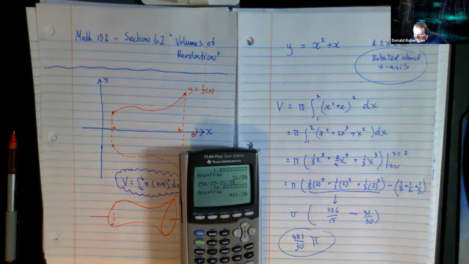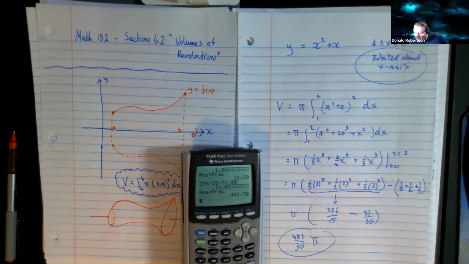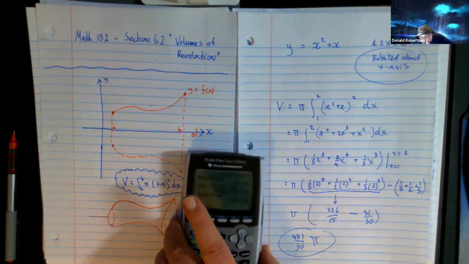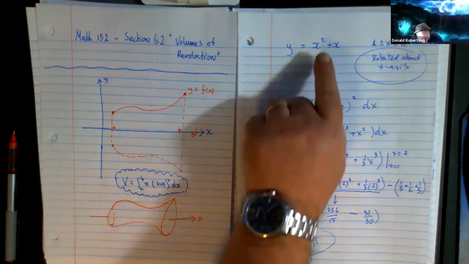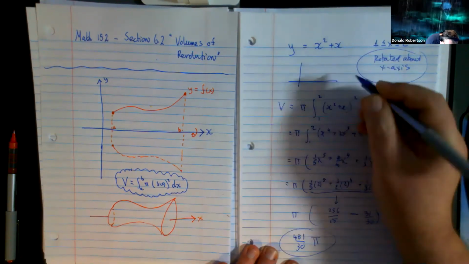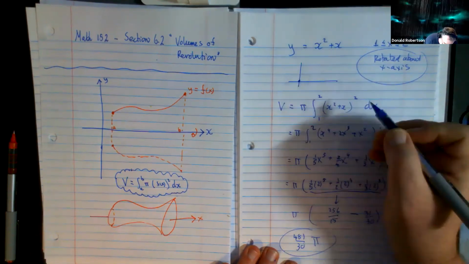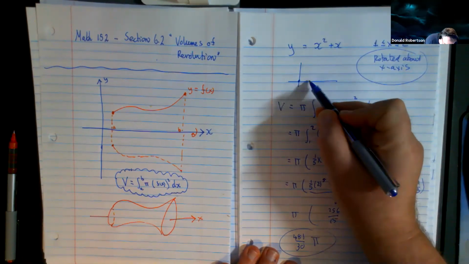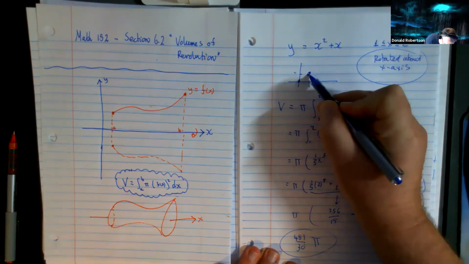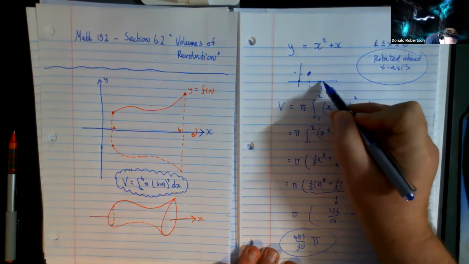Are we comfortable with the process of evaluating at the two numbers and just letting the calculator take care of all the ugly stuff? So the volume of that shape rotated about that. I guess if I try to draw it, I'm not sure I could do a good job. At 1, it would be about here, so it would start there. And at 2, it would finish.